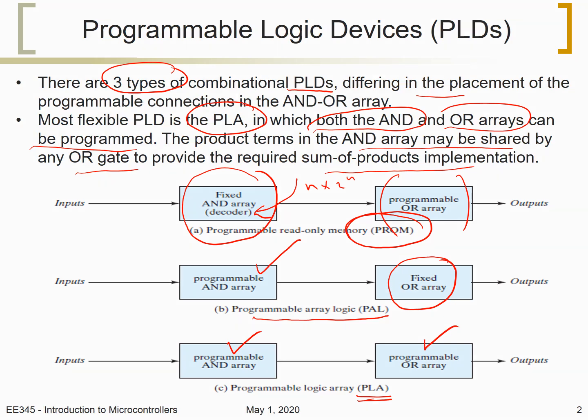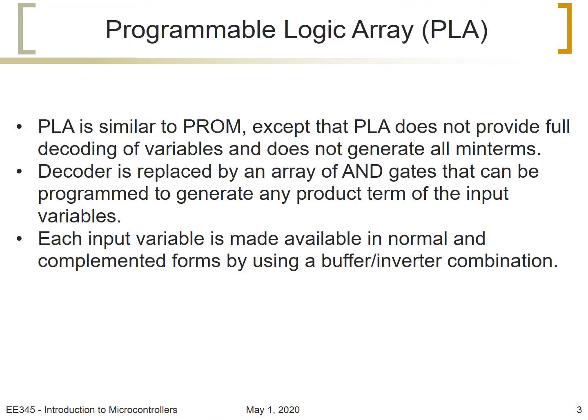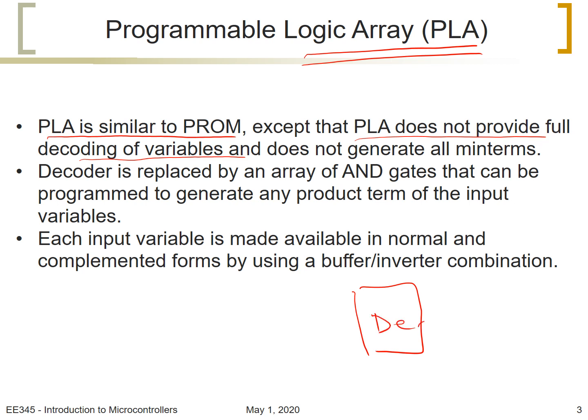Let us look more at the programmable logic array, because this is what we will use in this video. The PLA is similar to the PROM, except the PLA does not provide full decoding of the variables. In other words, we don't have a decoder as in the ROM.